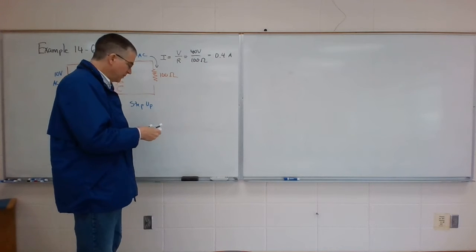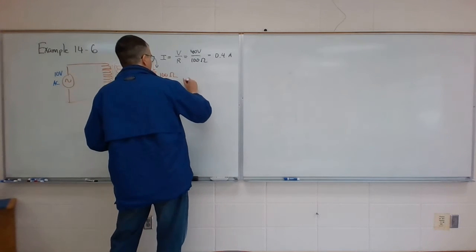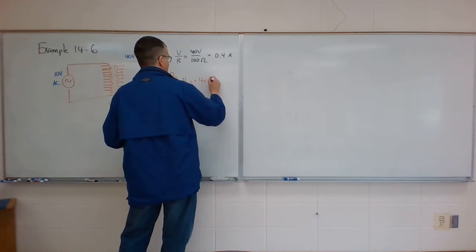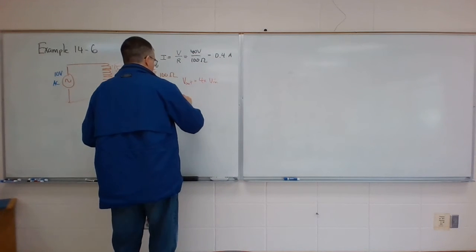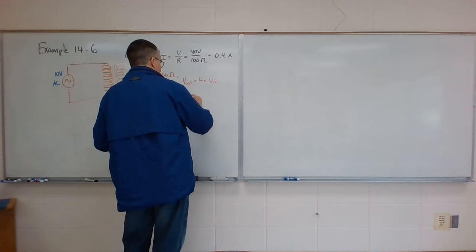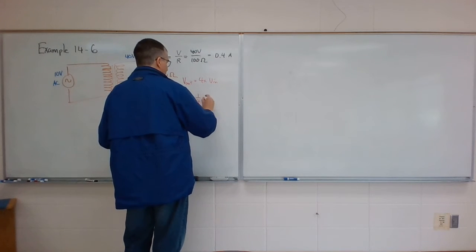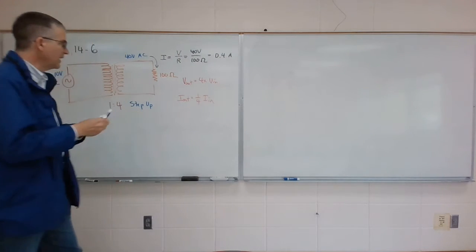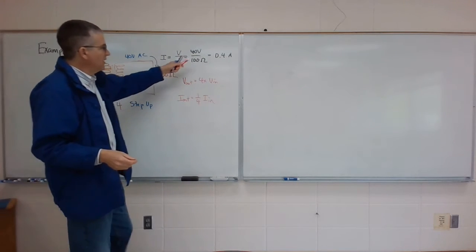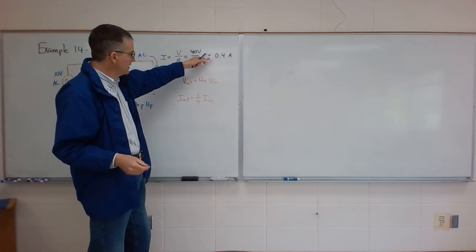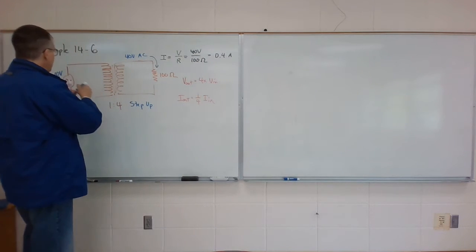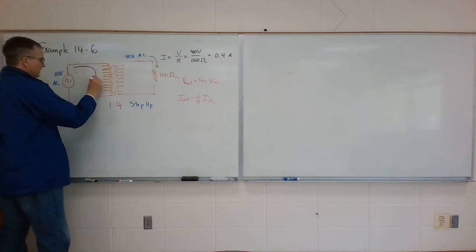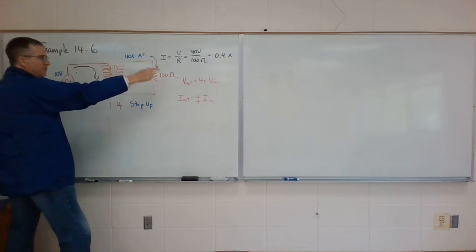From the last problem we did, remember that here the voltage out is 4 times the voltage in. The current out has to be equal to 1/4 the current in. Okay? So if I get 0.4 amps out, then the current that must be flowing over here in this circuit must be 4 times that.